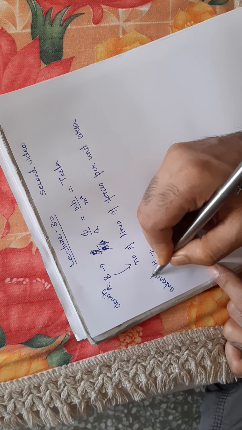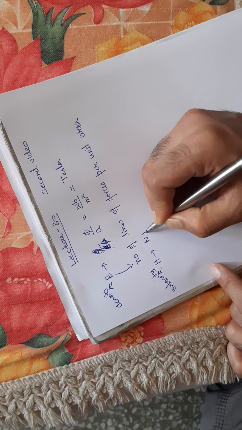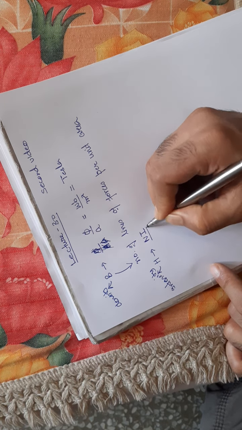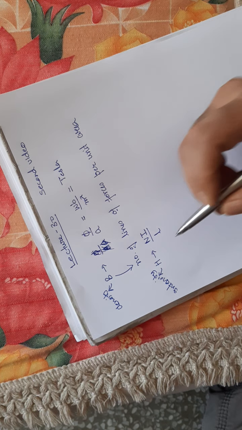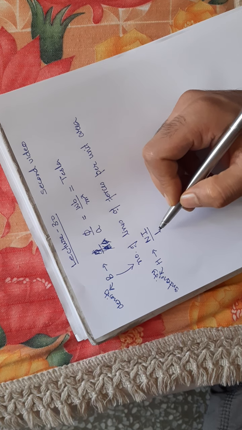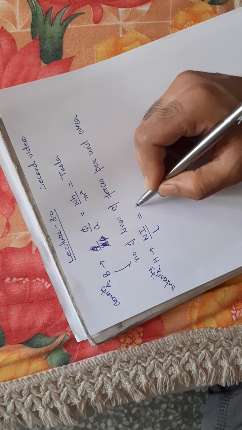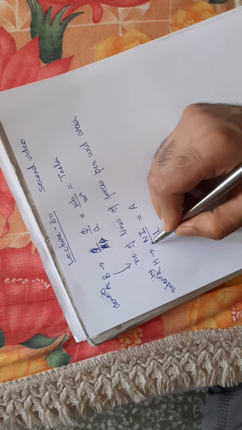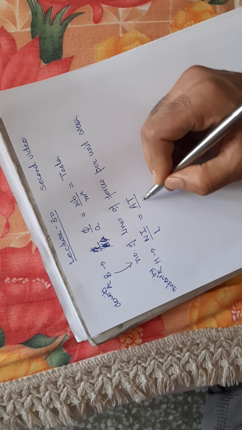This H is given by the formula: number of turns times current divided by the length of the conductor. How many turns are there in an electromagnet, multiplied by the current, divided by the length of the conductor. Current is measured in ampere, number of turns is denoted by T, and length is in meter.